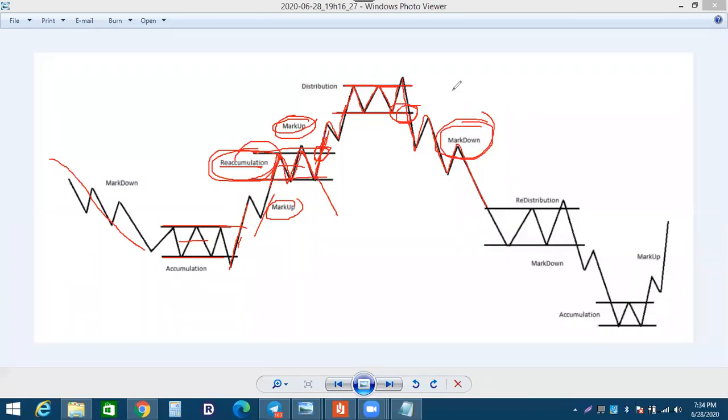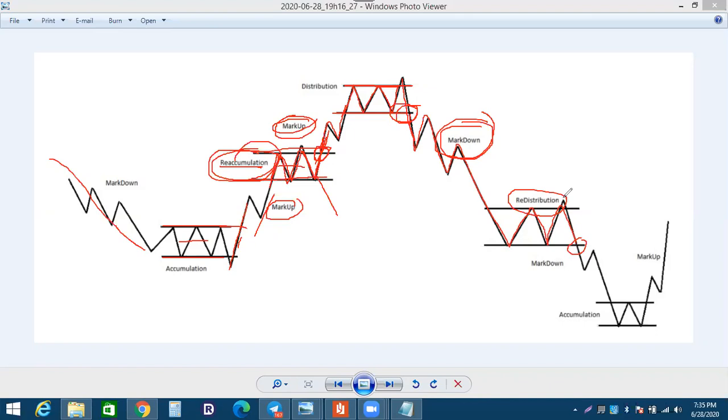In price action it is the same downtrend, but we use markdown. After this phase, when supply and demand are equal to each other, we cannot decide whether it is a distribution or an accumulation. When we find the breakout of this level, and the breakout is downward, that is a redistribution.